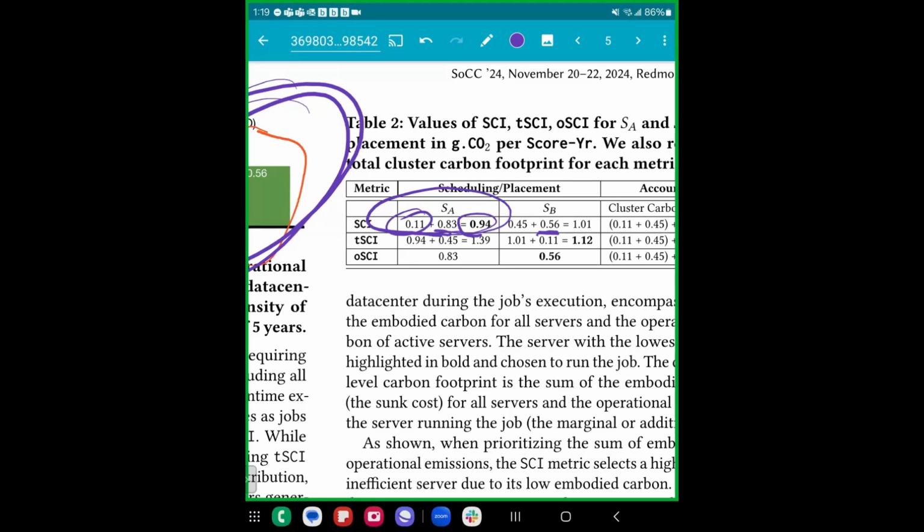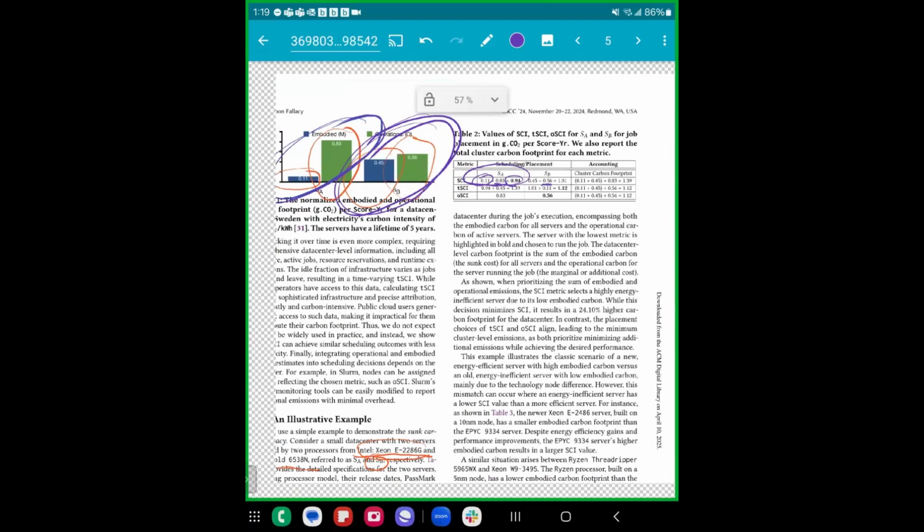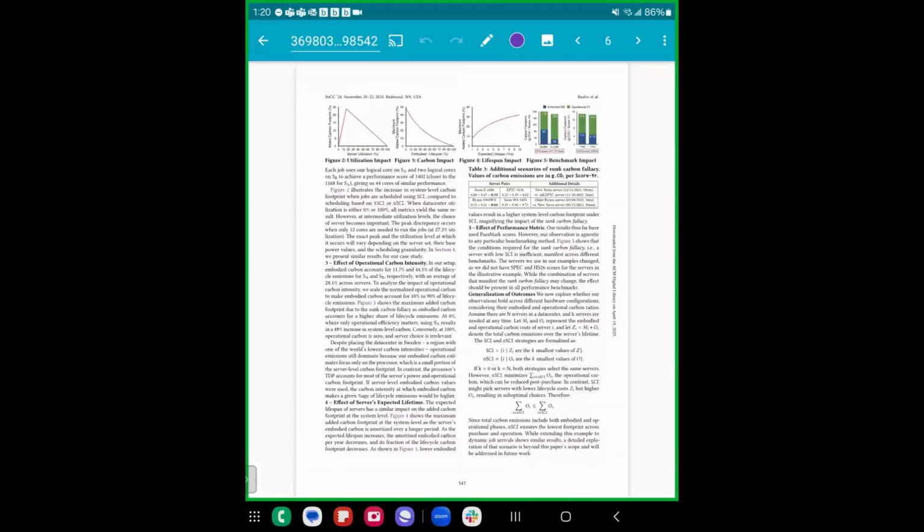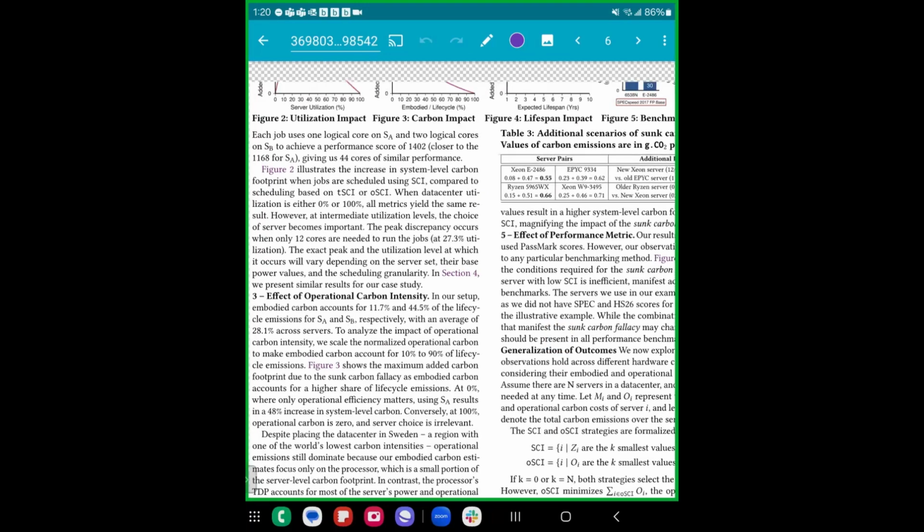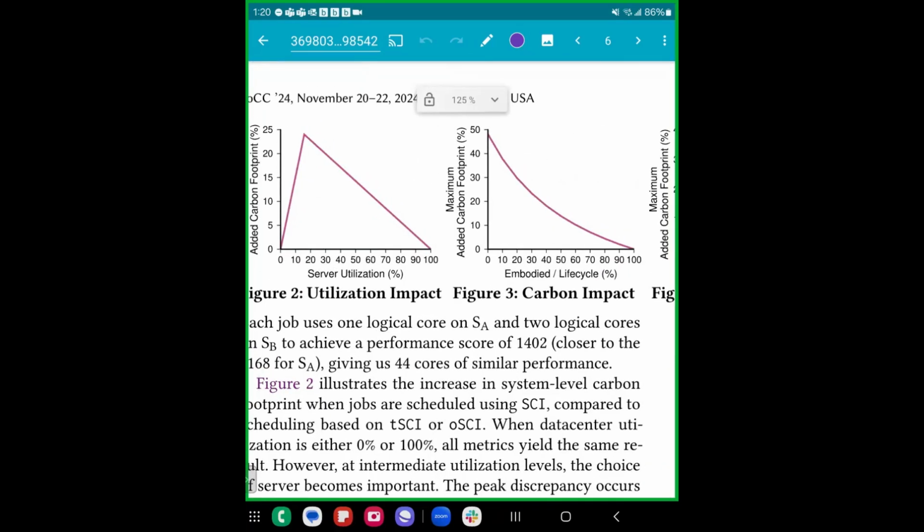The authors provide some calculations to support their point. And they say that, depending on the server utilization, or how much embodied carbon is in the CPU, but let's look at the server utilization, you can get as much as 25% worse carbon footprint if you use that SCI metric that takes into account the manufacturing carbon, as opposed to just using a simpler metric which only takes into account the operational.